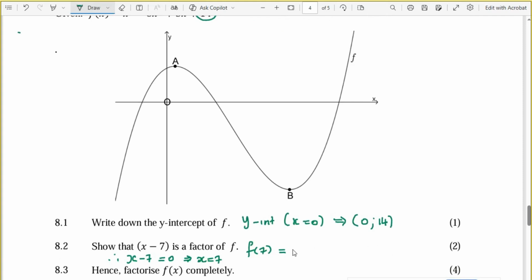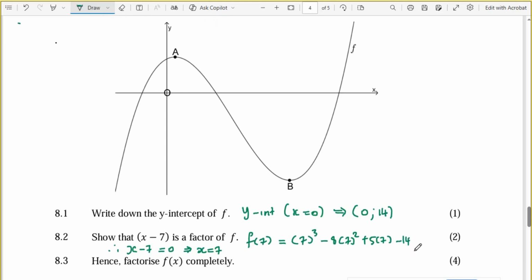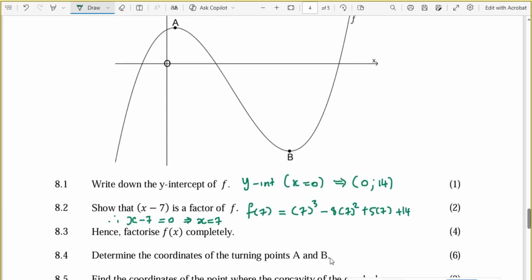So from f at x, this is 7 to the power 3, then minus 8 into 7 squared, then plus 5x, and this is plus 14. Therefore, f at 7 should give you 0.